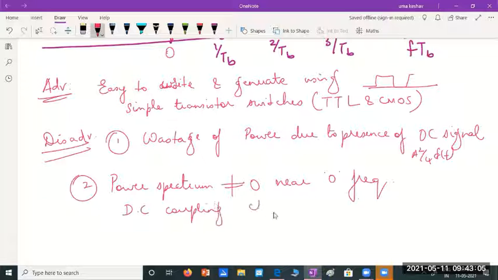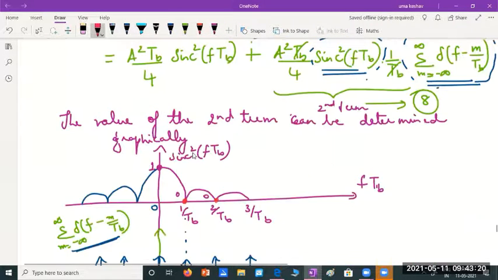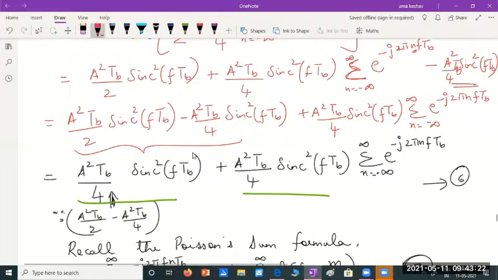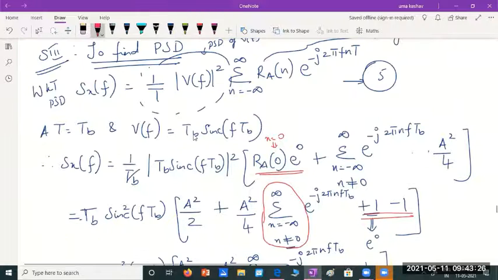DC coupling circuits are needed whenever we try to use unipolar NRZ. Is this clear? Do you have any doubts with this derivation? Please ask if you have any doubts. If not, we'll move on to the next one.